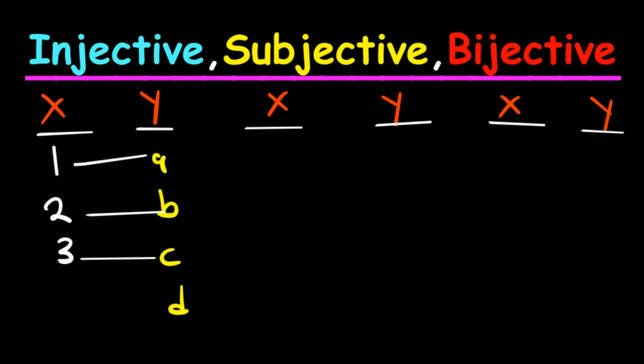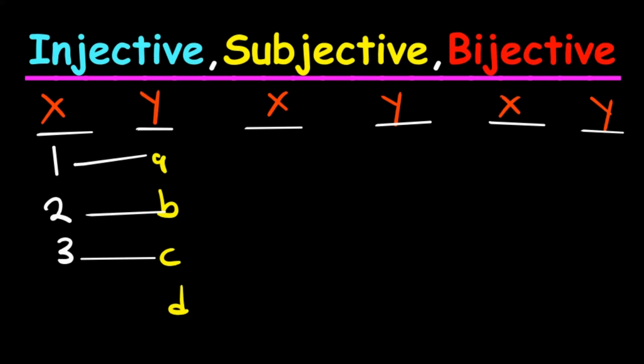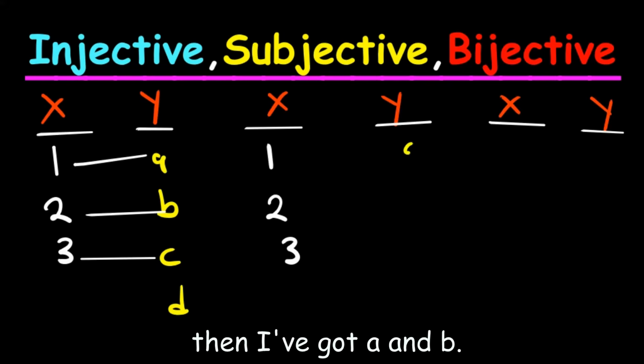All the x values are mapped to some y value. Now for a surjective one, if I've got 1, 2, and let's say 3, then I've got A and B.